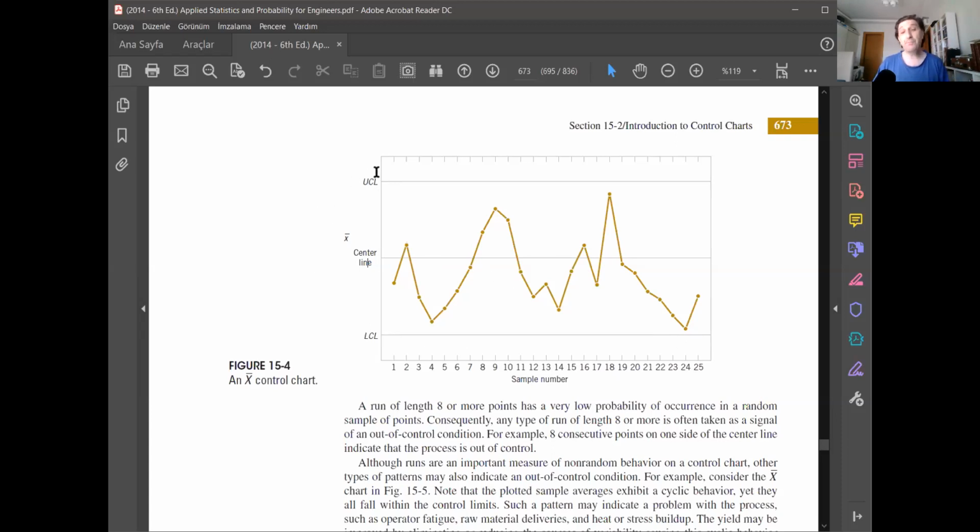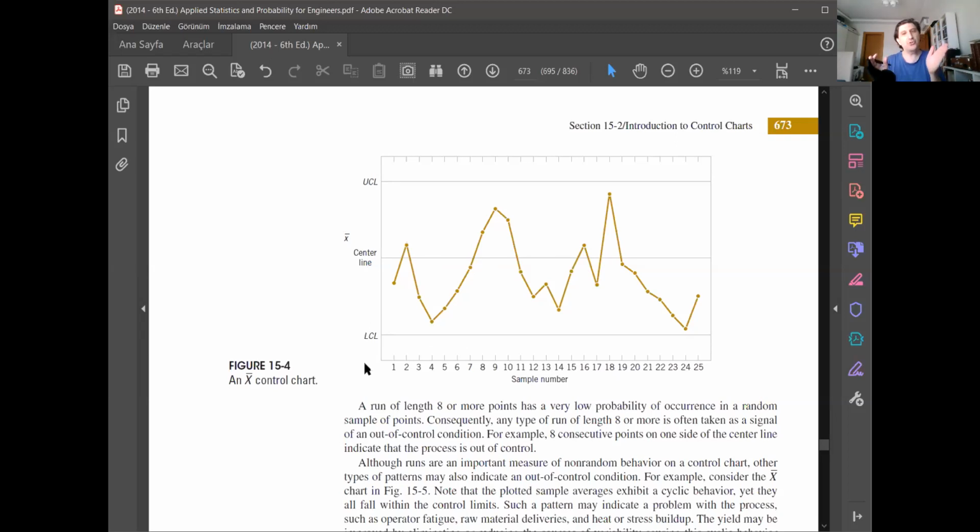You determine beforehand a center line, the expected value of your statistic, and upper and lower control limits. Then during the procedure, you sample the products and measure the variable you are interested in.